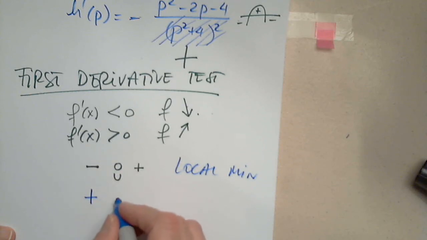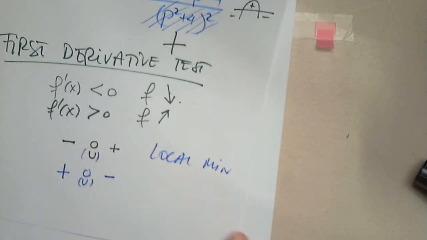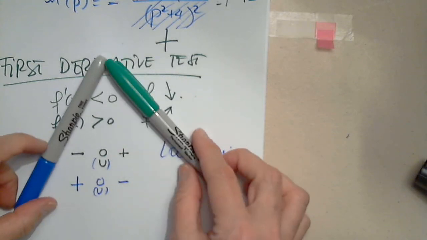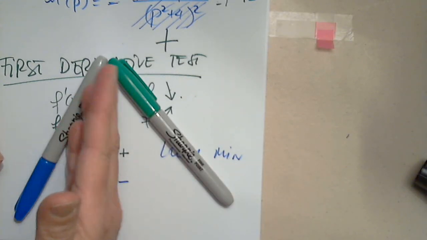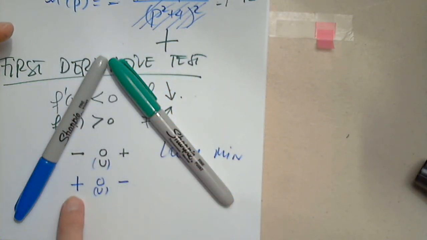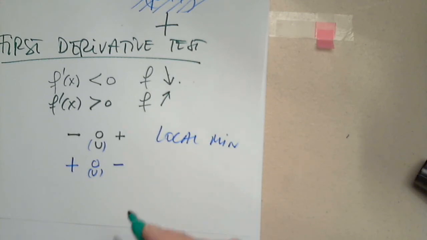What if I have this sequence, either 0 or undefined, not both, and negative? What does the first derivative test say? This means this. So first the slope is positive, then the slope is 0 or undefined, and then the slope is negative. What type of point will this be?